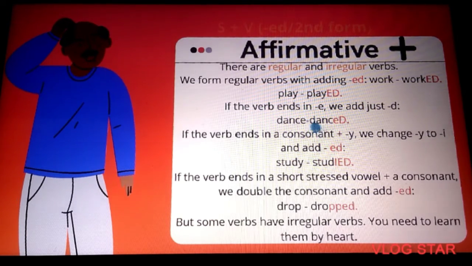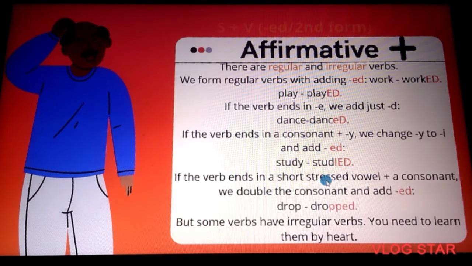If the verb ends in a consonant plus y, we change y to i and add ed. What is a consonant? Consonant sounds are like f, t, h, v, r, b, n, d, s, for example. So there is a consonant sound, for example d, before the y sound.